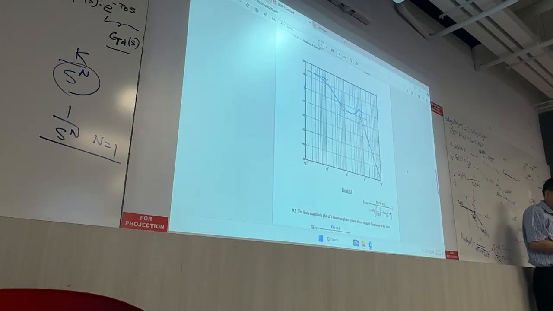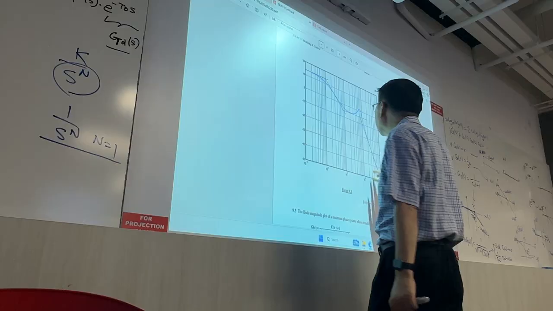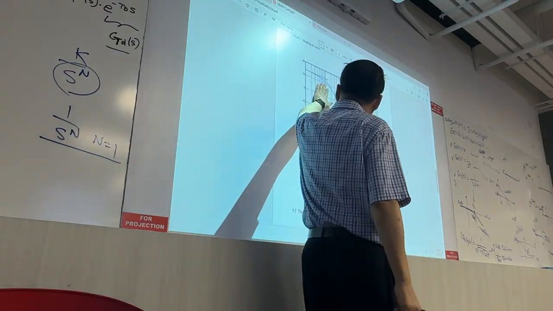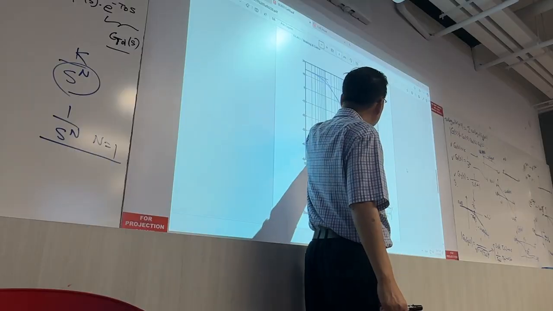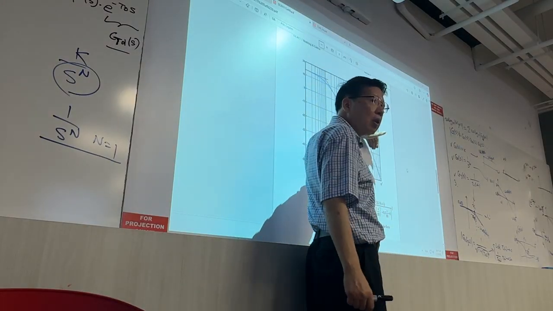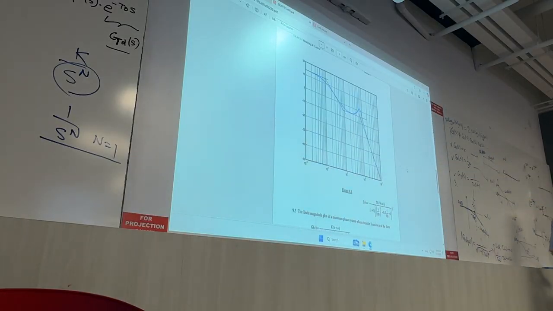So it fits into our expectation. Second order system here, so it makes sense. So now you have the corner frequency and the net change in the slope. Then you can fit in the basic factors.